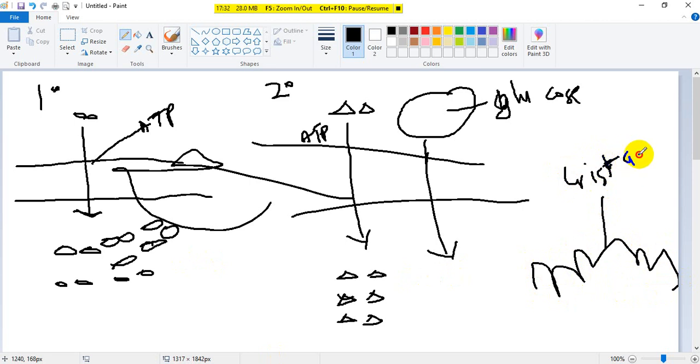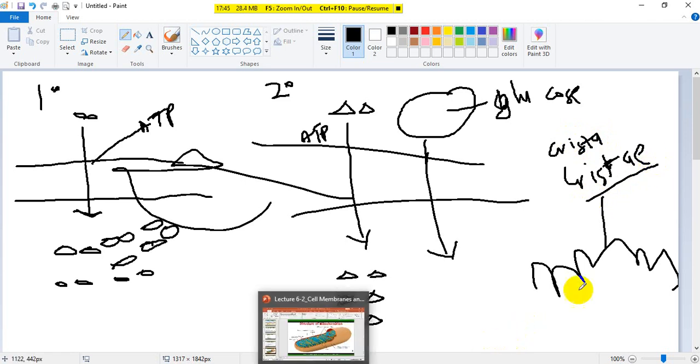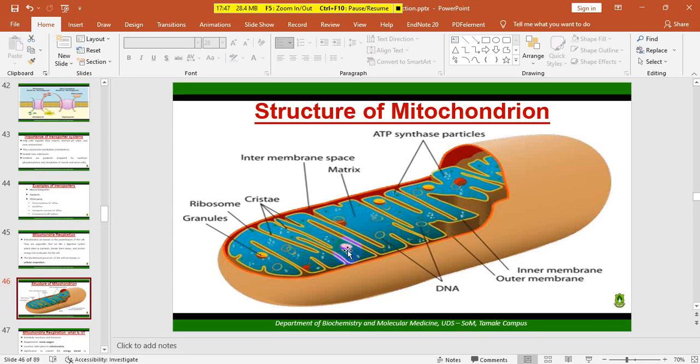Singular is crista, and plural is cristae. So the folds are called cristae. They are plural, different folds.